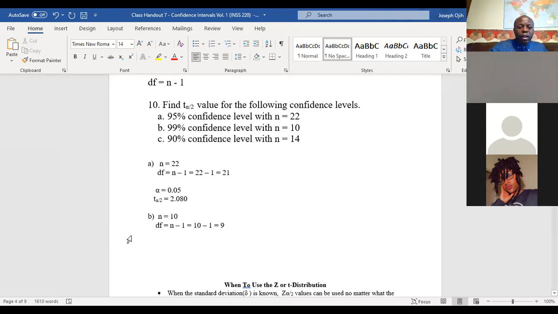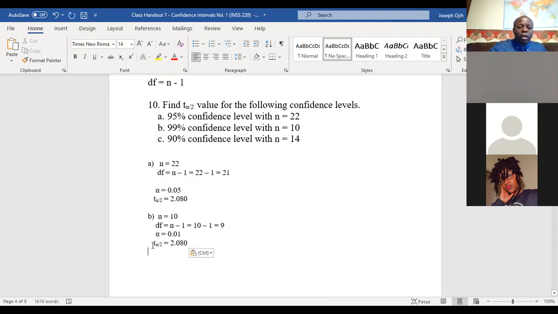And in this case, because it says 99% confidence level, our chance of being wrong will be 1%. So our alpha will be 0.01. That's 1%. So that the T alpha over 2 will now become, we go to the table and look for it under 9 degrees of freedom and under alpha 1%.